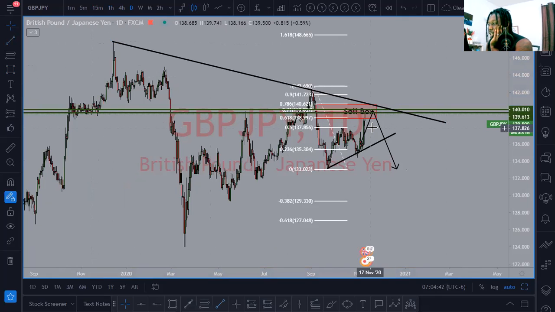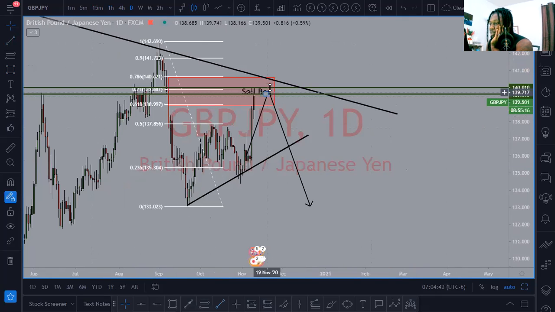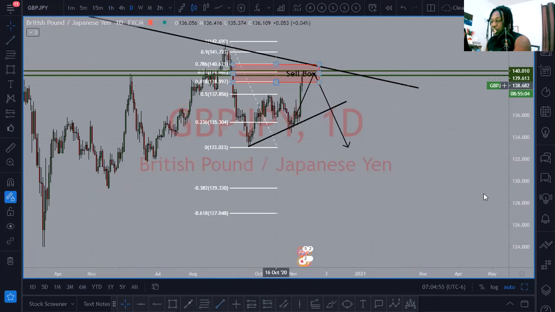A third touch would be very nice. That'd be the 78.6 hit. That'd be very, very nice. I might put my sell limit up here, although it might not get hit. But I want to see this drop. I'm looking for sells on GJ.